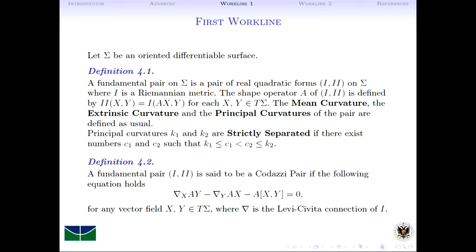For immersions in H3 and S3, I and II form a Codazzi pair, because that equation holds in those spaces.